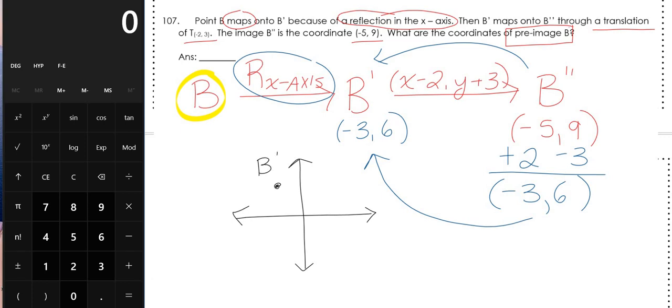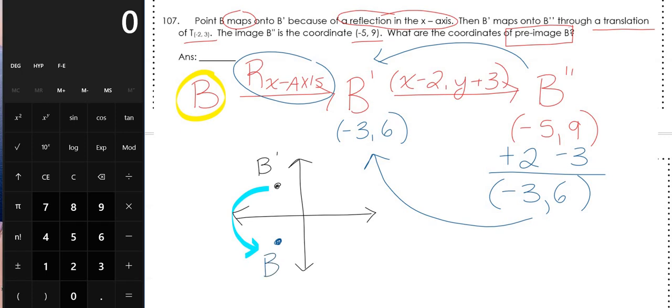Now to get to B prime, B was reflected across the x-axis. So if I want to reflect it back across the x-axis to get back to B, think about what that's going to look like. B prime is going to flip back over the x-axis. So B should be down here somewhere.